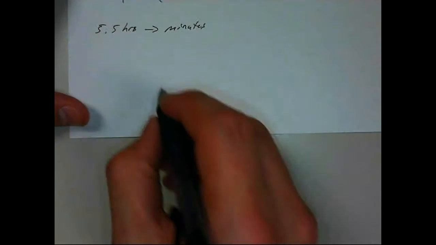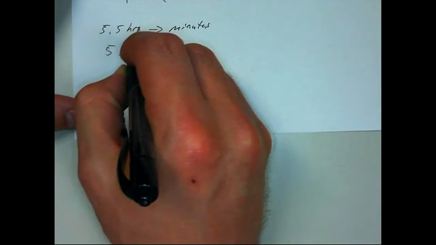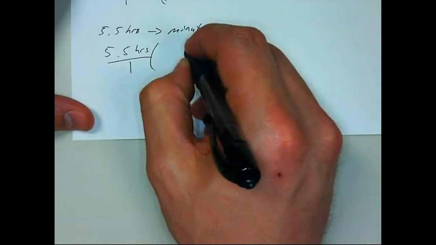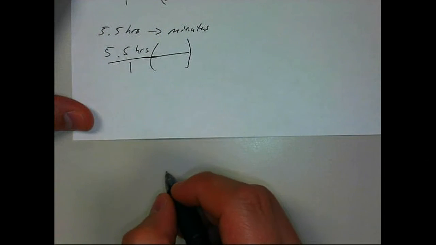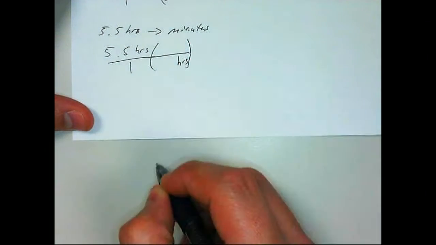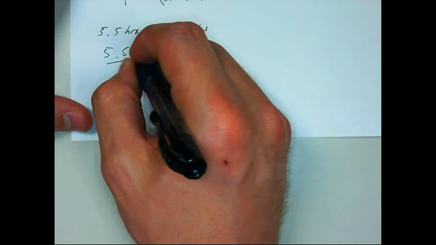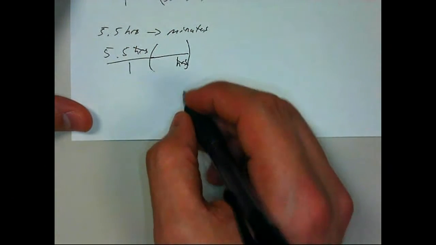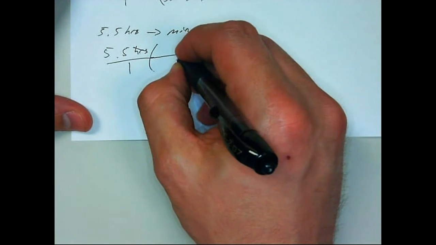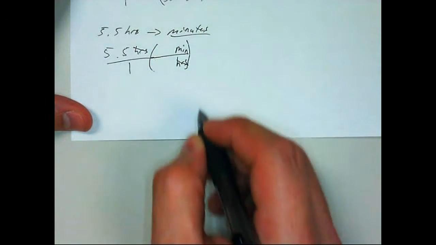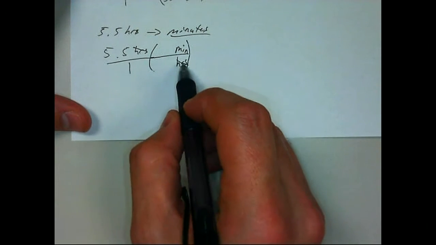Hours to minutes. 5.5 hours to minutes. 5.5 hours is what we're starting with. Understood 1 underneath. Got our conversion factor. We want to get rid of hours, so it goes on the bottom. Hours cancels out. And we've got to put minutes on the top because that's what we want to go to. I do know how many minutes are in 1 hour.